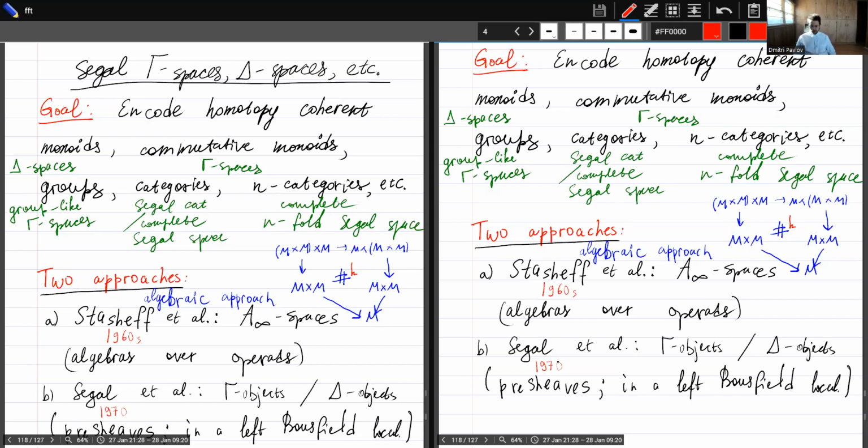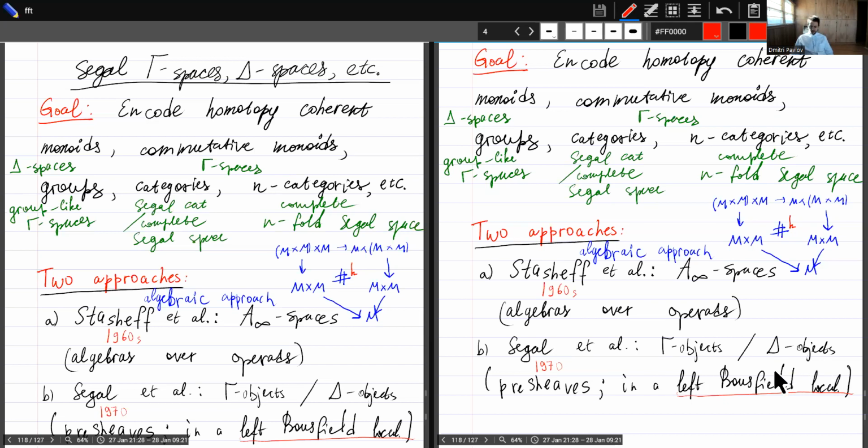And its technology, so previously we were encoding the structures as algebras over operads. Here they will be encoded as presheaves on a certain category, and these presheaves will be equipped with a model structure given by a left Bousfield localization of the projective or injective model structure.